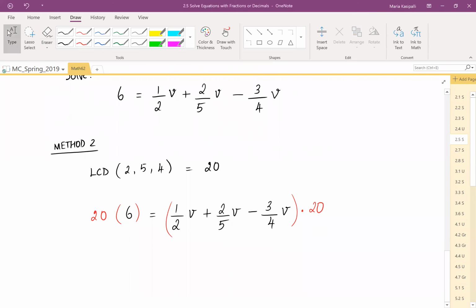But as I mentioned earlier, I don't like to do it like this because what students tend to do is forget that the 20 on the right side distributes to each term on the left, right, within the parentheses. So because some of you would have learned it this way, which is not wrong, it's just that we don't want to bring that confusion there.